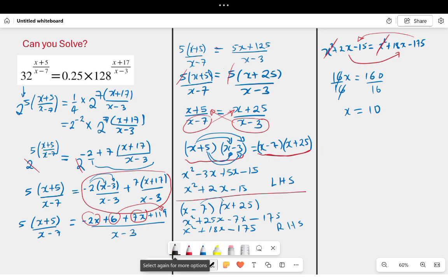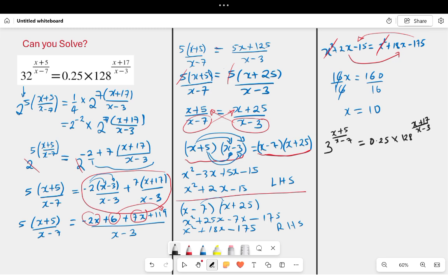It was 32 to the power x plus 5 divided by x minus 7, is equal to 0.25 multiplied by 128 to the power x plus 17 divided by x minus 3.